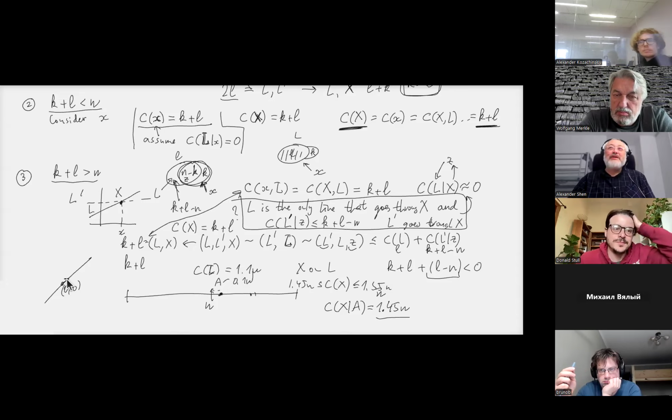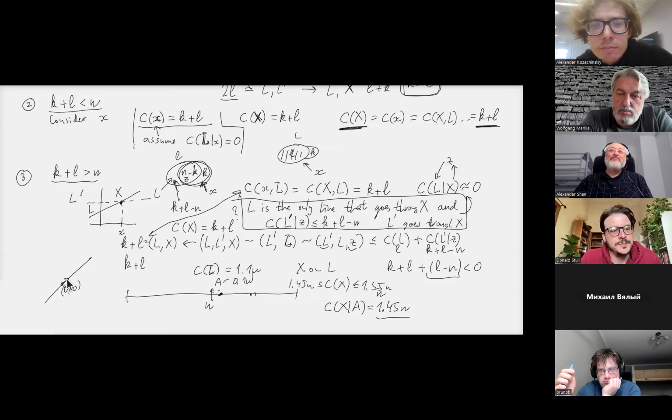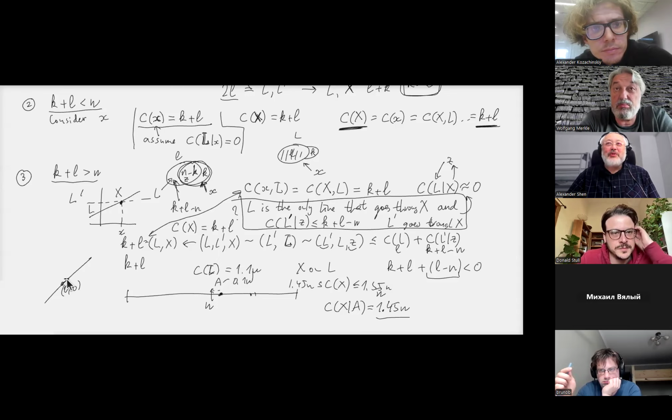And this is what makes me almost hopeless to understand this proof, because if you don't consider the finite case, what else can you do? What are the other tools? Yeah, I'm sort of split.